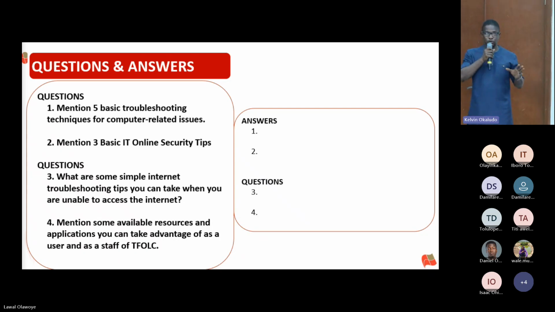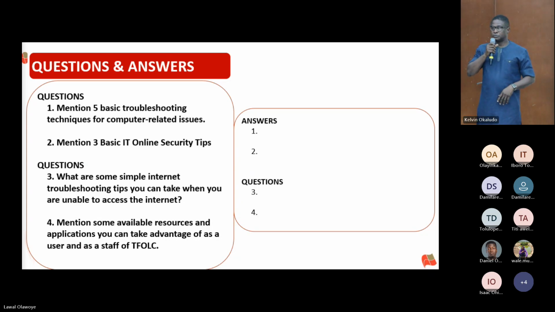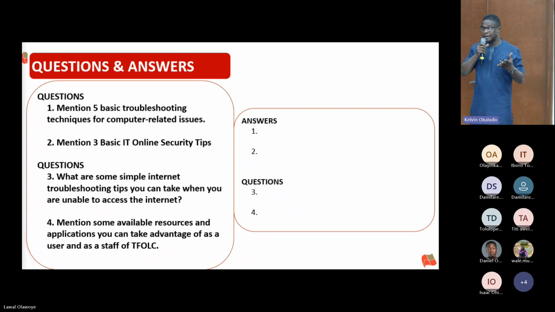But I think one of the major setbacks we have presently in the system is that I'm not sure everybody here has a laptop or a system that is working efficiently. Secondly, access to internet. I'm not sure how stable internet access is in these premises.